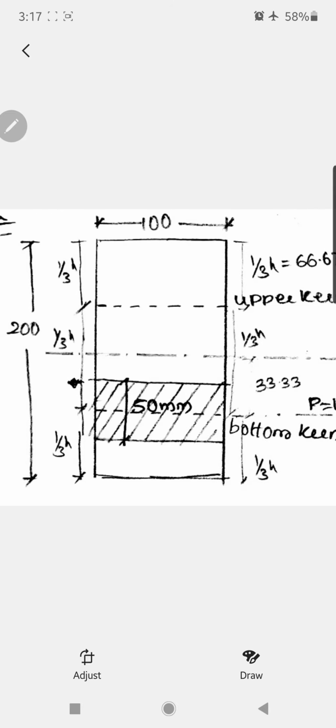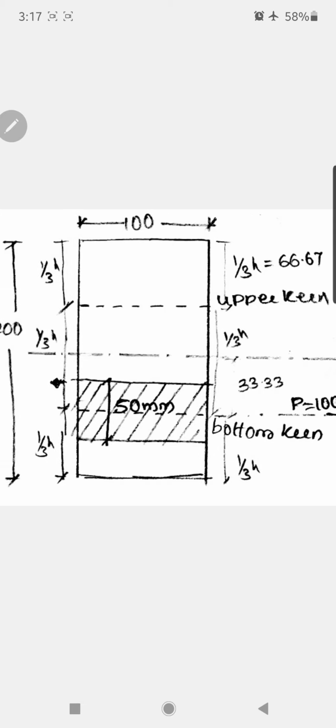Now if we draw it, this is the section, 100 mm is the width, 200 mm is the depth. For the kern, divide the section into 3 parts, so you will get 1/3 of H, 1/3 of H and 1/3 of H. The first line is the upper kern and the second line is the bottom kern.